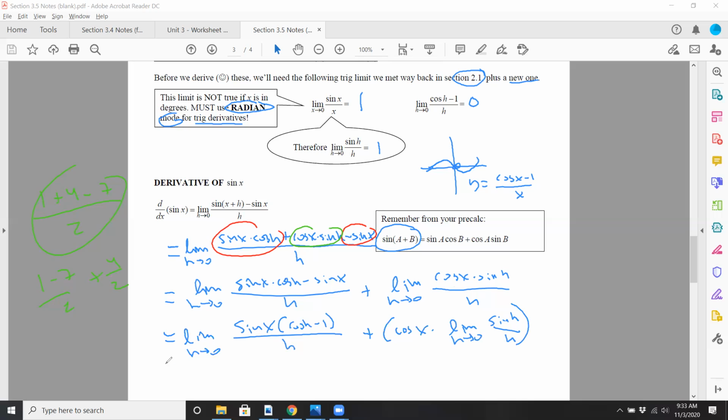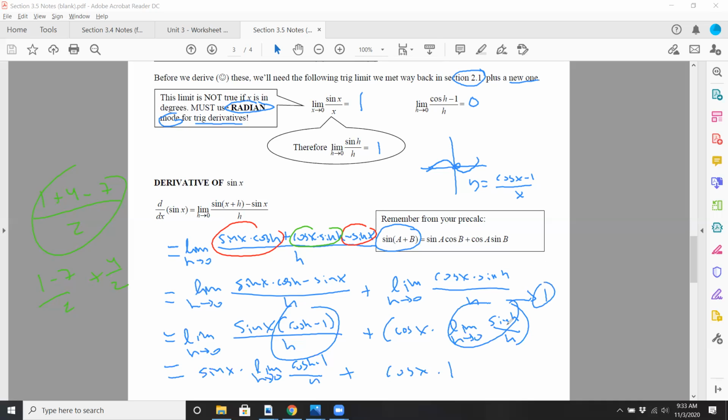Now here, I know that this limit is 0, and again, I could pull that sine x off to the left here, and I'm taking the limit as h approaches 0 of cos h minus 1 over h. And here, that's just going to be cos x times 1, because this limit here equals 1.